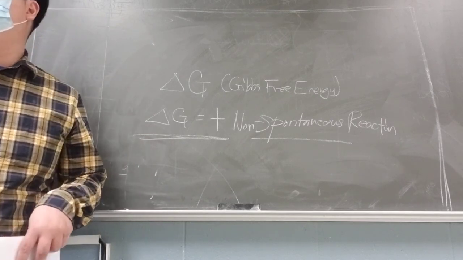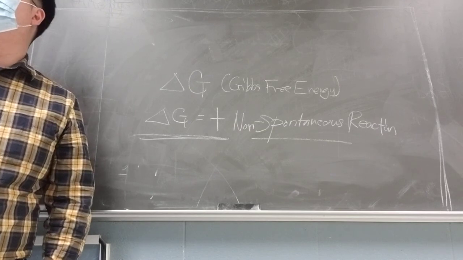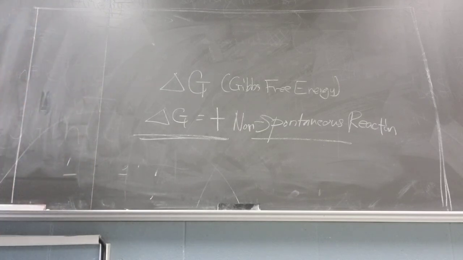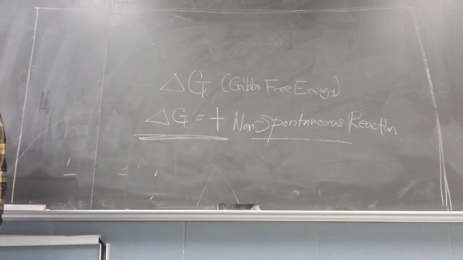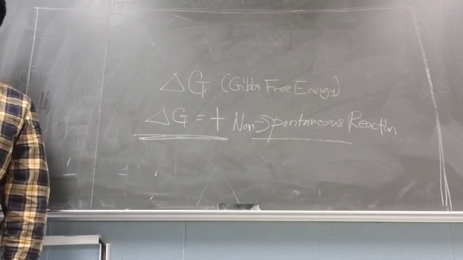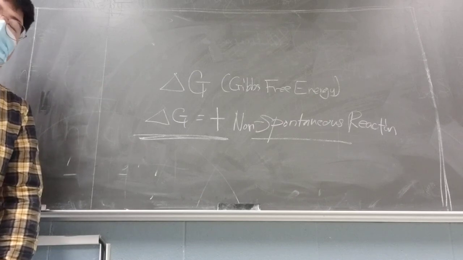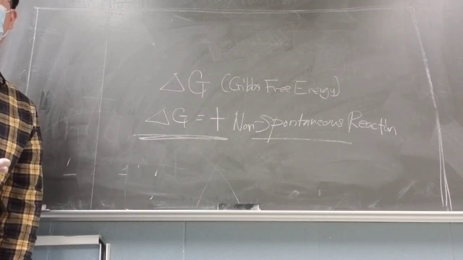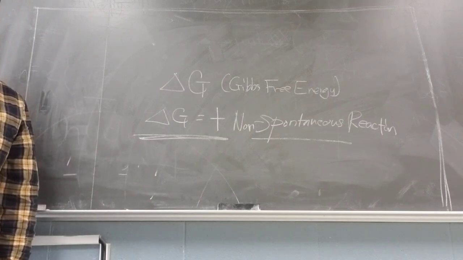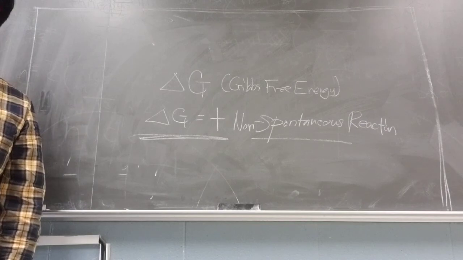So they don't want to do the reaction unless they are forced to. When the Gibbs energy change is positive, you have to give them a lot of energy. Then they can do it. But unless you put a lot of energy into the reaction, it will not happen at all because it's a non-spontaneous reaction. Okay, makes sense, right?